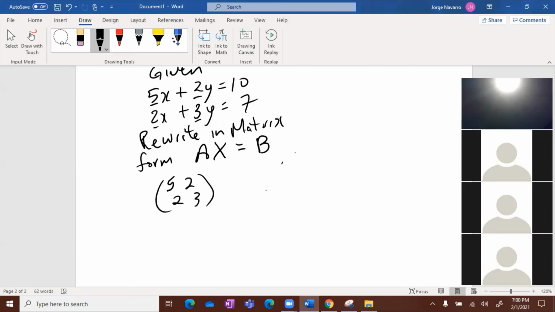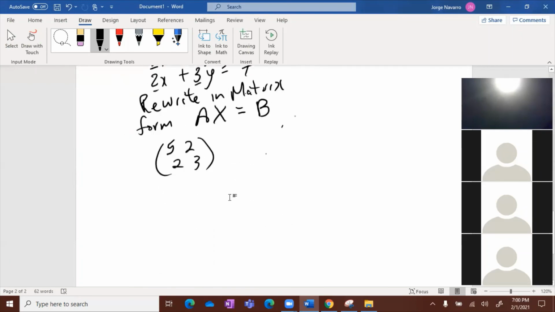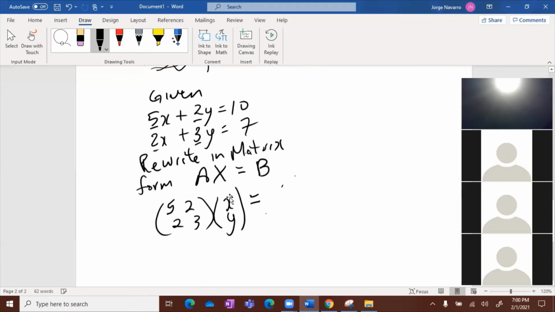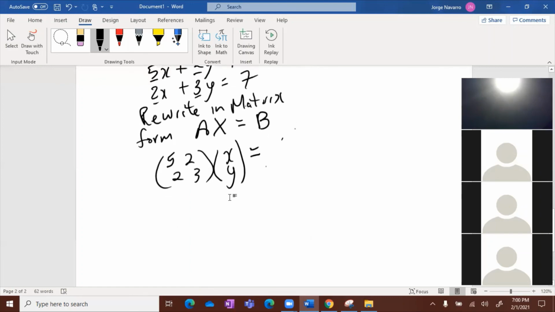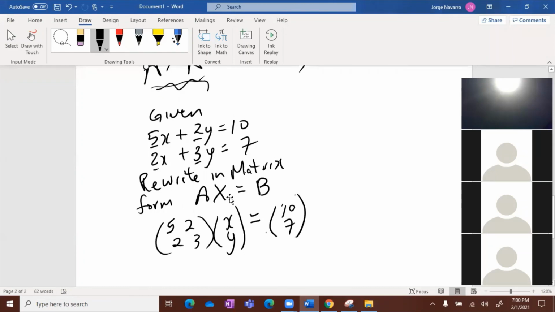And then from the side I put the next one, which will be XY. And then my third one is only the numbers that are on the other side of the equation, so 10 and 7. That's all I want you to be able to do for today. Okay. That's the first step. Yes, that's the first step. Okay, sir.